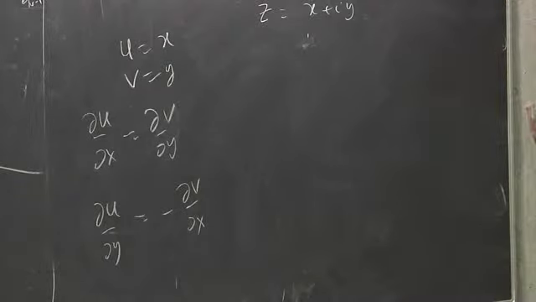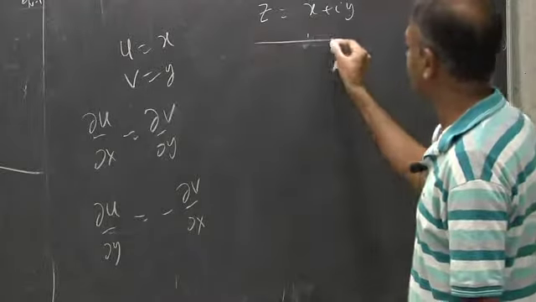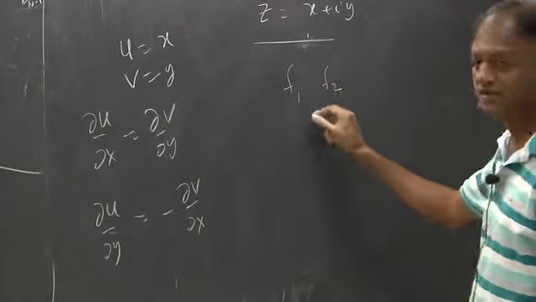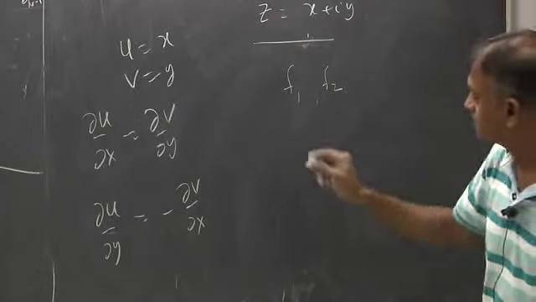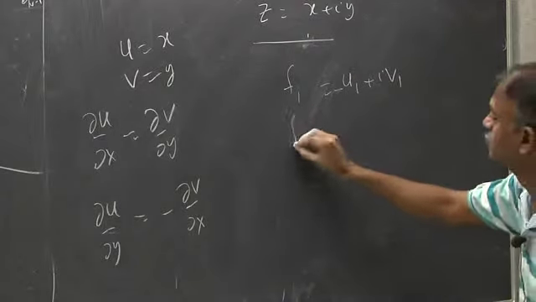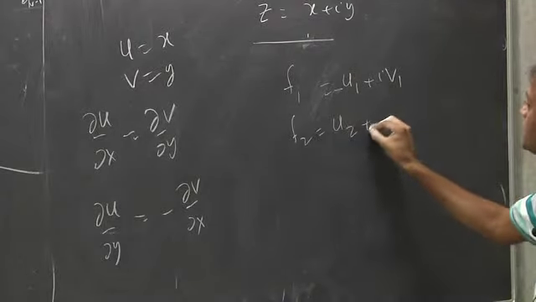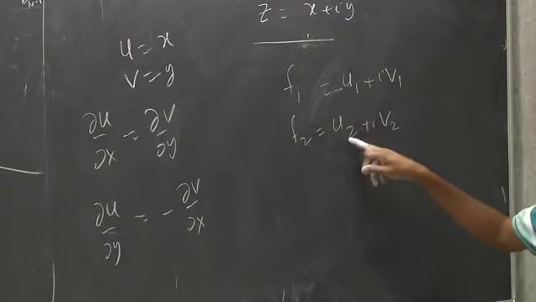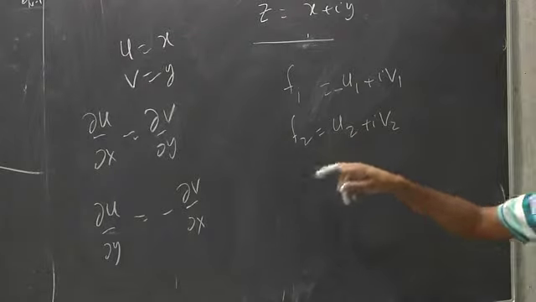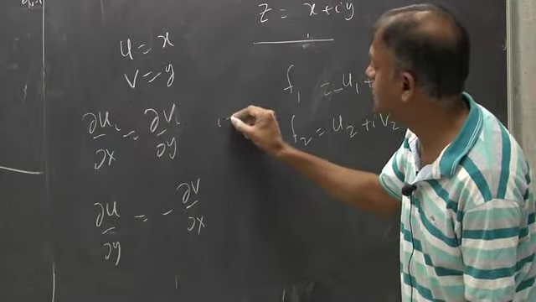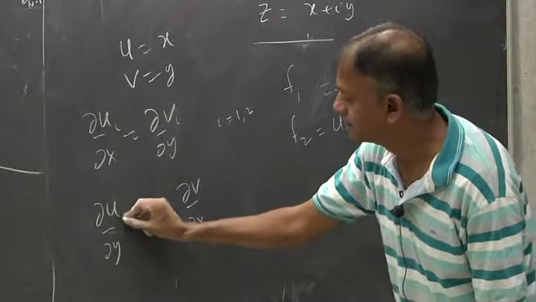Let me see. By the way, you can also prove one thing: if I give you two analytic functions, f1 and f2, right? So f1 is u1 plus iv1, and f2 is u2 plus iv2, and they satisfy the Cauchy-Riemann conditions, for ui, i going from 1 to 2.